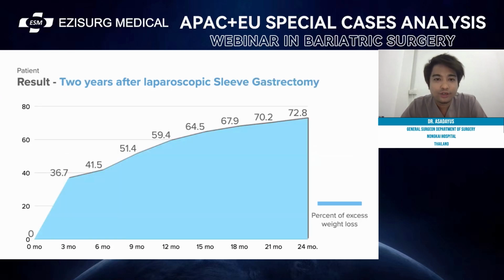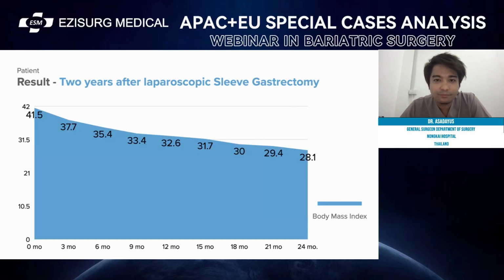This graph shows the excess weight loss after surgery over 2 years. At 3 months, 6 months, and 9 months, you can see the graph is rising steeply. So within the first year after surgery, the excess weight loss increases greatly, and you reach a plateau phase at about 2 years after surgery.